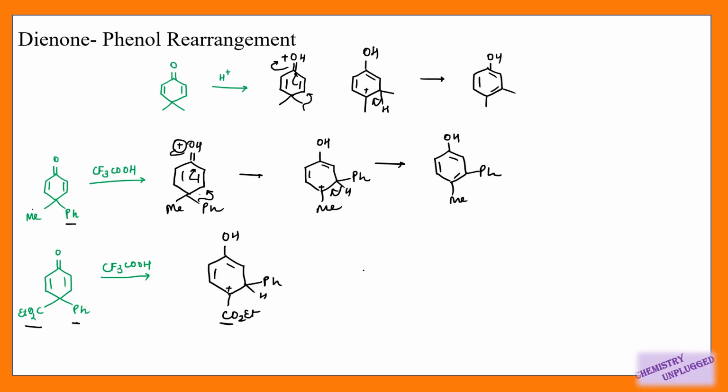The second possibility is if we are migrating this ester group, then we will get a carbocation like this. So out of these two, this one is more stable, right? That's why this ester group will migrate and we will get this type of product. So in addition to the migrating group, you have to also check which group will stabilize the positive charge. We are leaving this positive charge with which type of group, right? So it is also a very important thing.